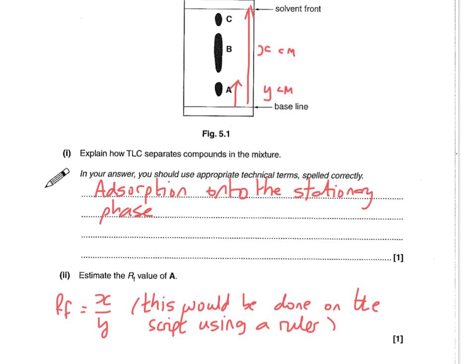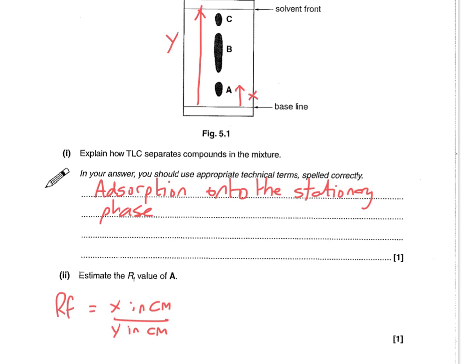So the RF value would be estimated by actually measuring x and y as distances, and dividing x over y. So to estimate the RF value, what you do is on the script you'd measure x in centimetres and y in centimetres, and then divide x by y.